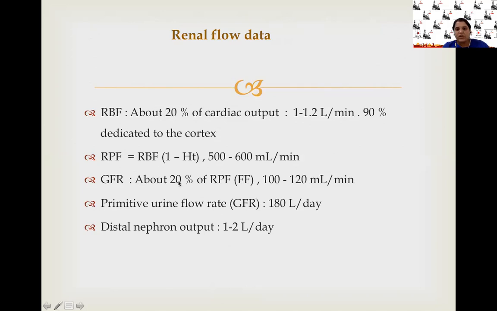GFR is about 20% of the renal plasma flow, which is around 100 to 120 ml per minute. So the GFR is around 120 ml per minute. That means the filtration is roughly 7.5 liters per hour and 180 liters per day, of which the final output is only 1 to 2 liters. That means close to 178 liters is being reabsorbed by the kidney.